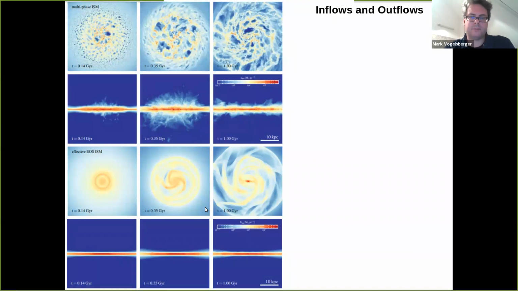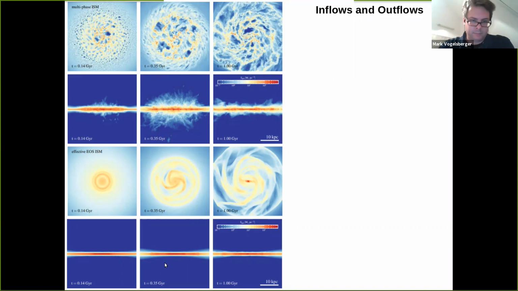Now, another feature of this new model is also that it self-consistently generates outflows and, of course, also inflows. So what you see in the 6 panels here on the top is actually face-on and edge-on the time evolution of a galaxy in the new model. And you can see that above the plane, you get these outflows going.